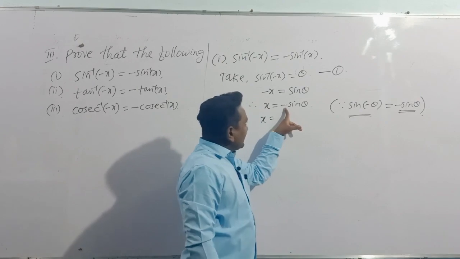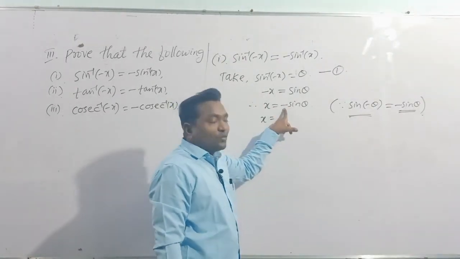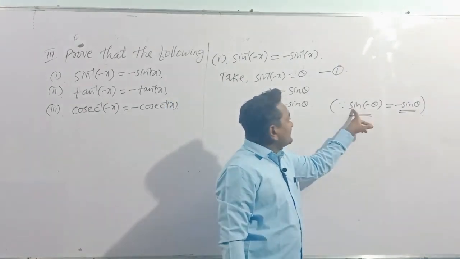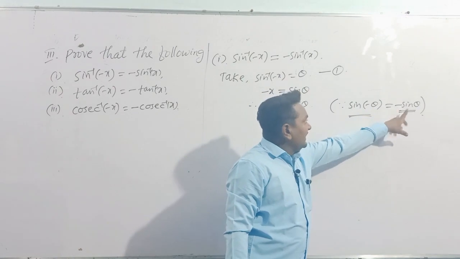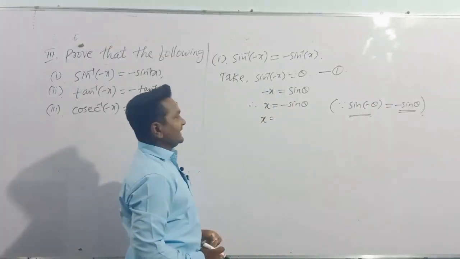Outside negative is there, and we want to remove this negative, so in place of minus sin theta we put sin of minus theta here.